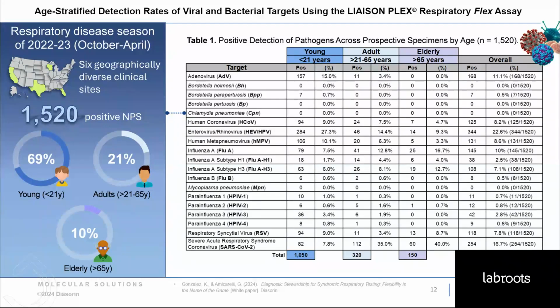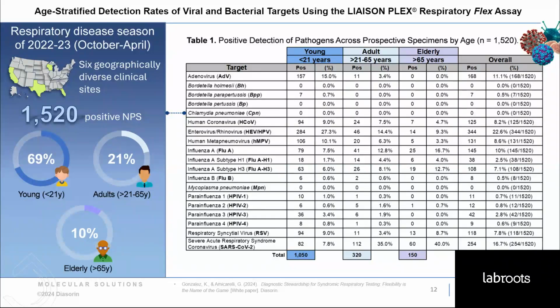You have the young population from 0 to 21 years old, adults 21 to 65, and the elderly patients beyond 65 years old. The overall detection rate for this target ranged between 0 to 23%. Most of the positive samples were in the young population, with 69% distribution, followed by the adults at 21%, and 10% for the elderly population.